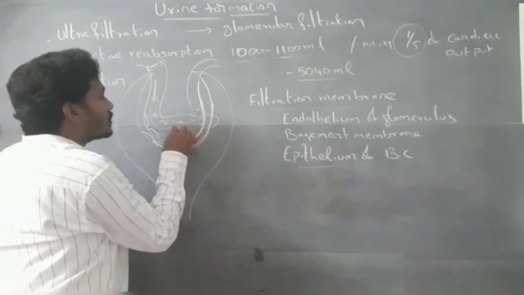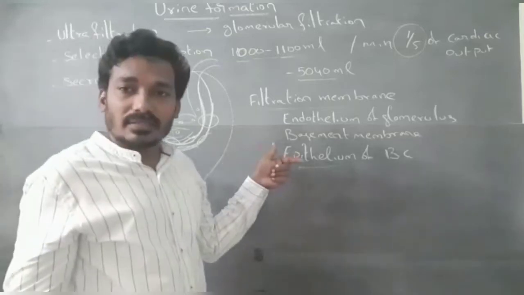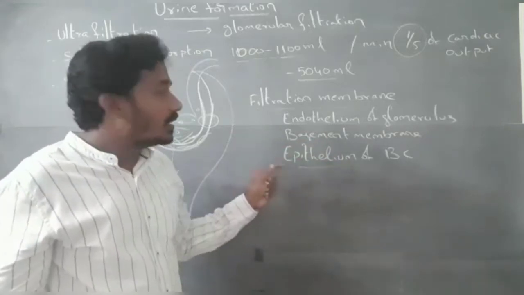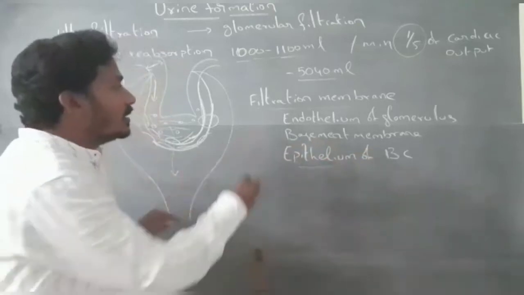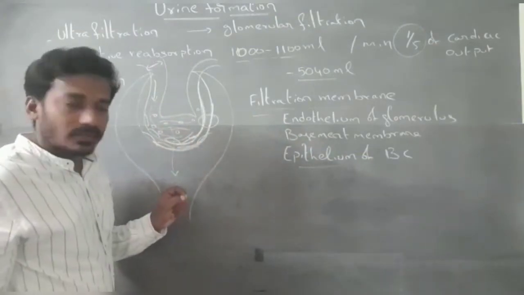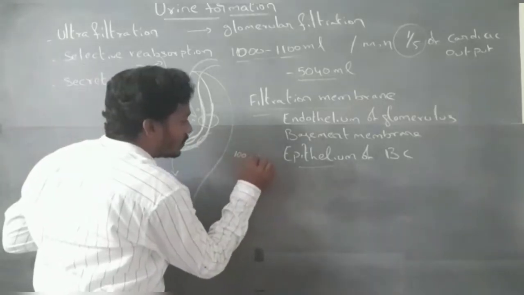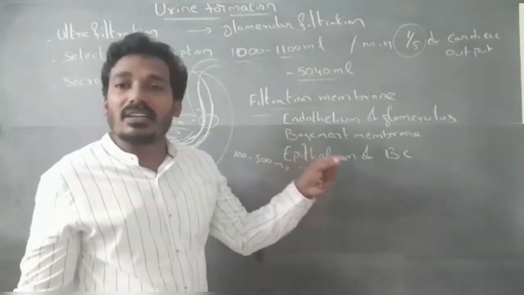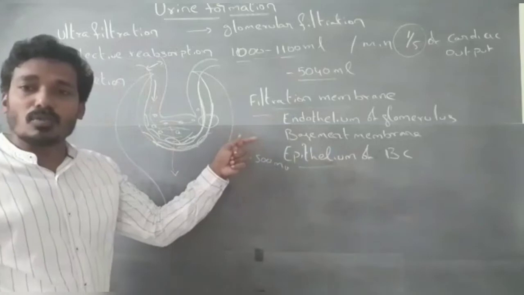The glomerulus also contains minute pores, called fenestrations. The filtration membrane is more permeable than other blood vessels present in the tissues, because these glomerular blood vessels contain fenestrations that are 100 to 500 times more than other blood vessels in the tissues.